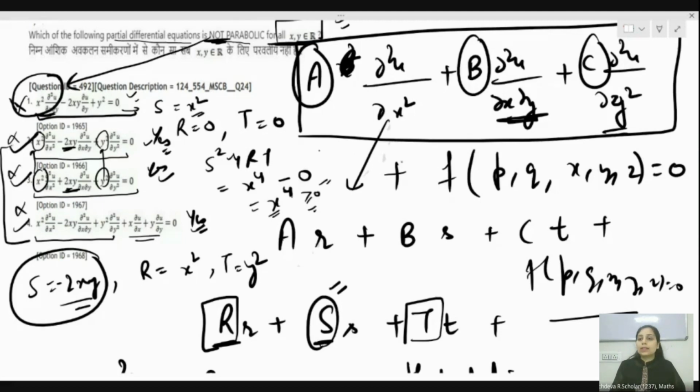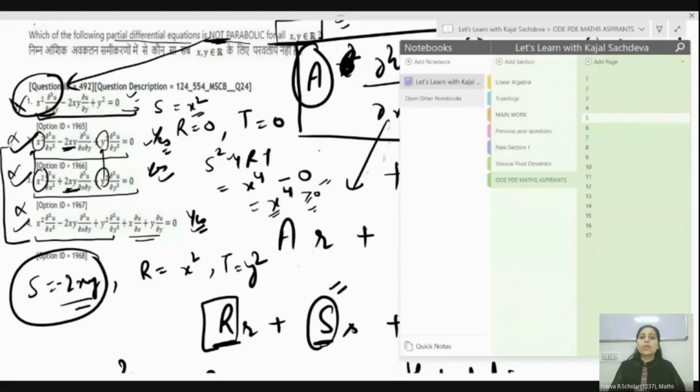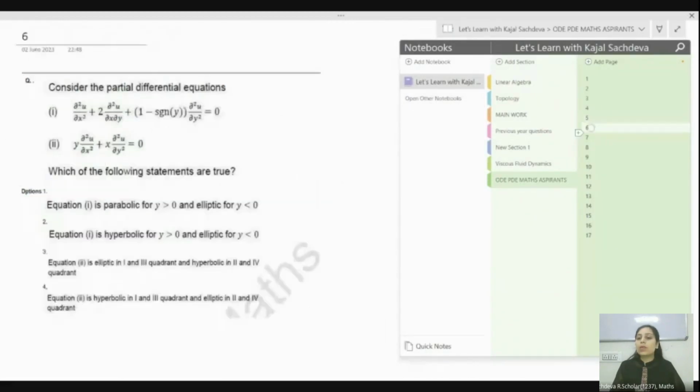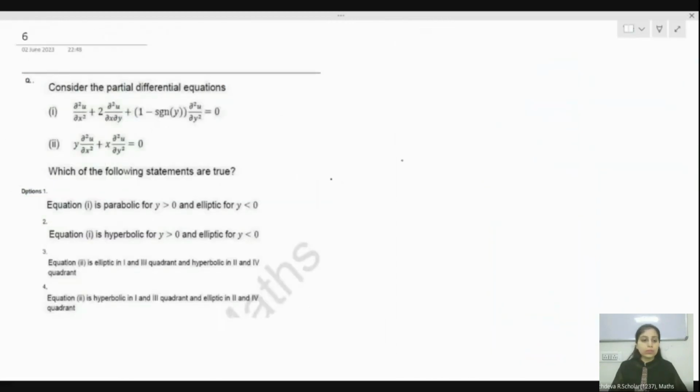So let's take another problem of this type, where we have to check parabolic, elliptic, or hyperbolic. In this question, we have two partial differential equations. The first one is ∂²u/∂x² plus 2 ∂²u/∂x∂y plus 1 minus signum y. This is the important part here.